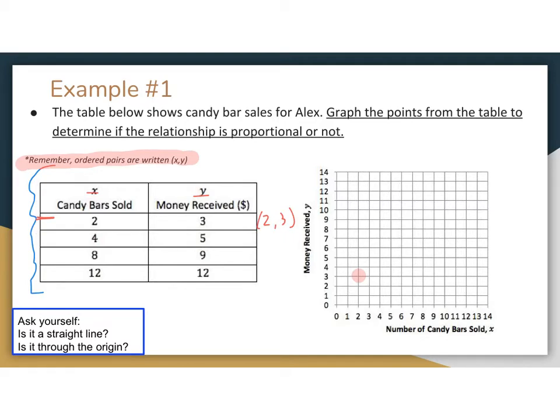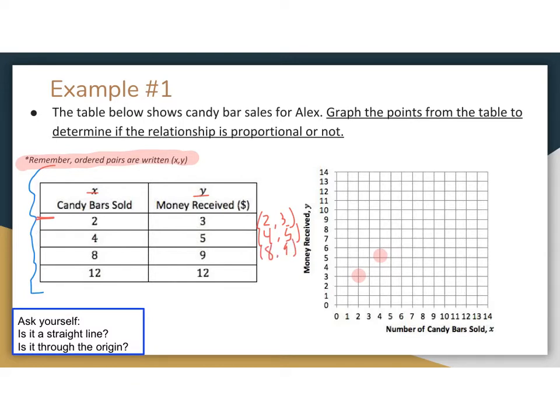Now my next ordered pair would be 4, 5. Again, I just go over 4 on X, up 5 on Y. So make a point there on your graph for me. The next point is 8, 9.